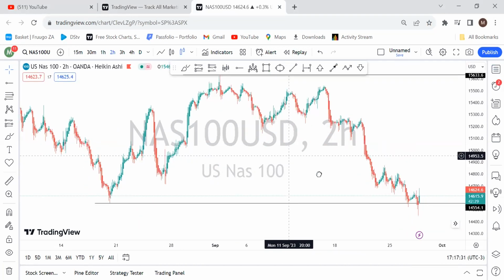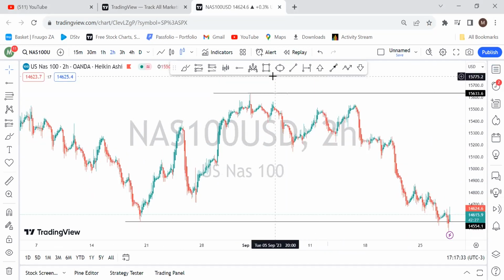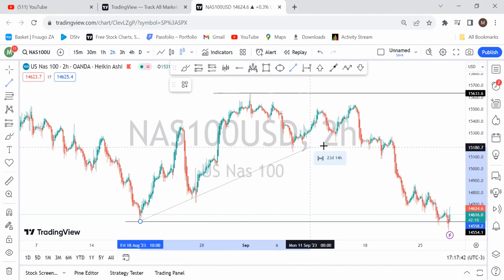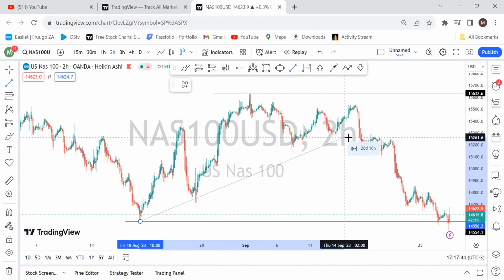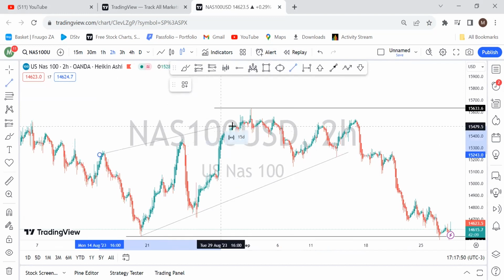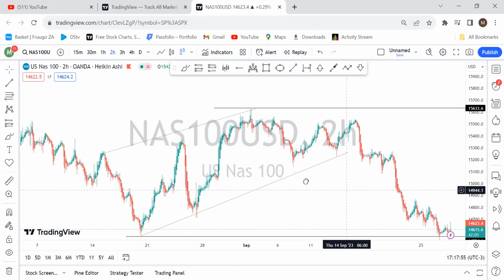So the second thing that you need to do after spotting your highs and lows, you need to figure out your structure. So from the previous low, the price went up correctively, giving us this nice structure. So I'm gonna draw my resistance as well.